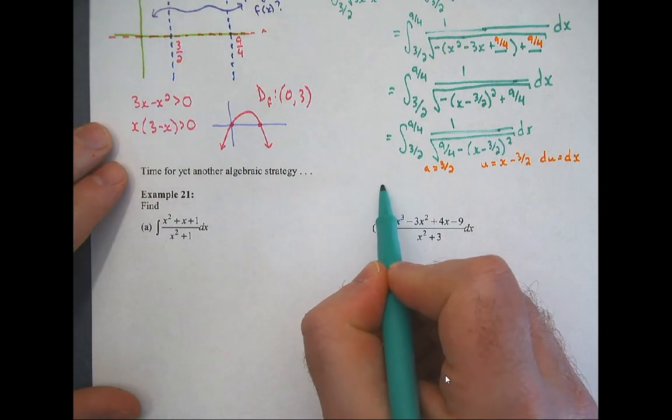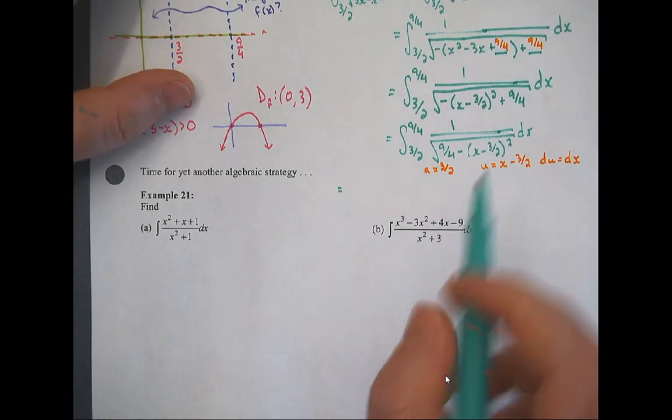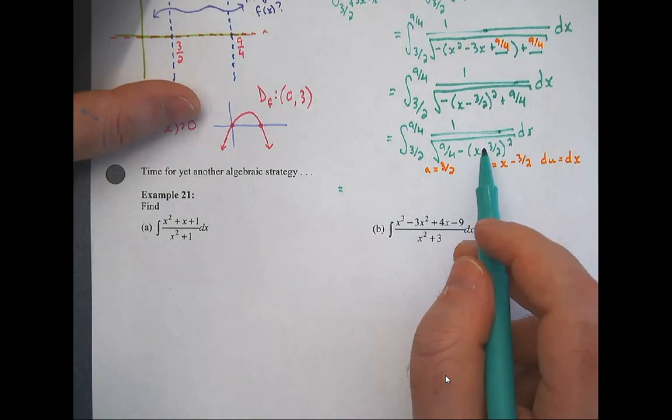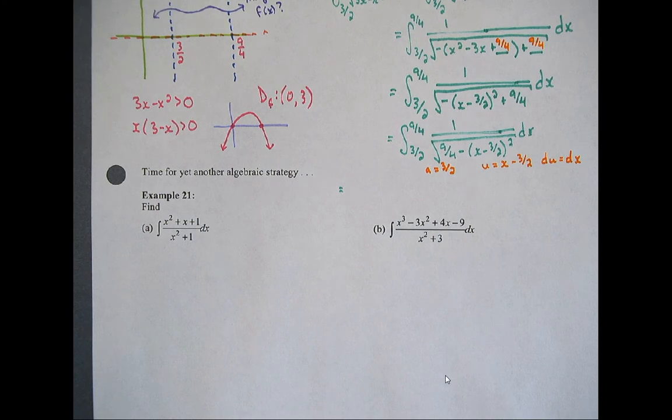So I'm going to go way over here, try to give myself a little bit more room. This turns out to be the integral of, according to arc sine, I got to look it up again, arc sine of u over a plus c.